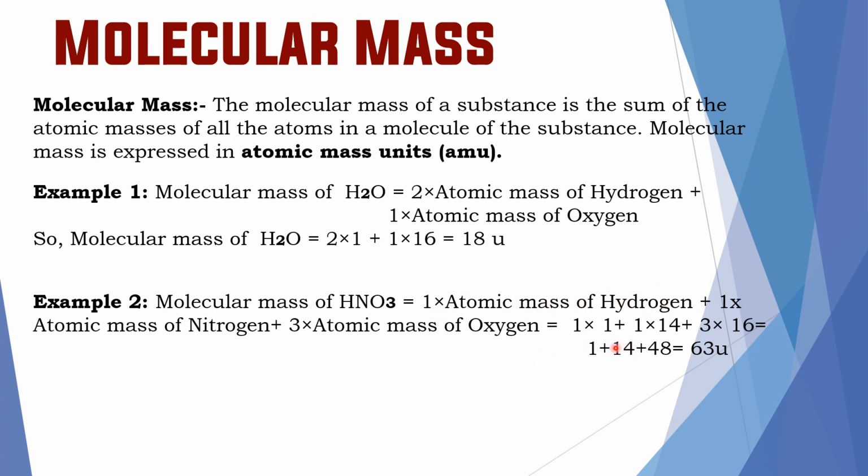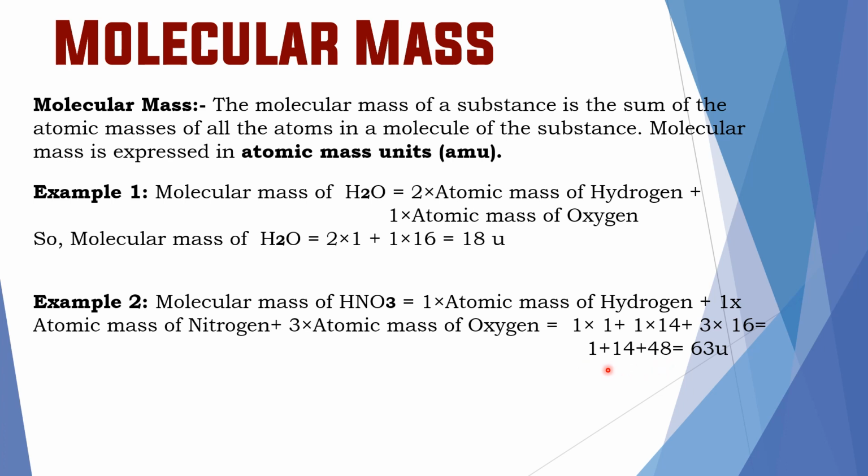Atomic mass of hydrogen is 1, atomic mass of nitrogen is 14, and atomic mass of oxygen is 16. I told you to study the atomic masses of some elements. That table is in your textbook. So when you write the atomic mass of each atom, first 1 into 1, that is 1, plus 1 into 14, that is 14, and 3 into 16, that is 48.